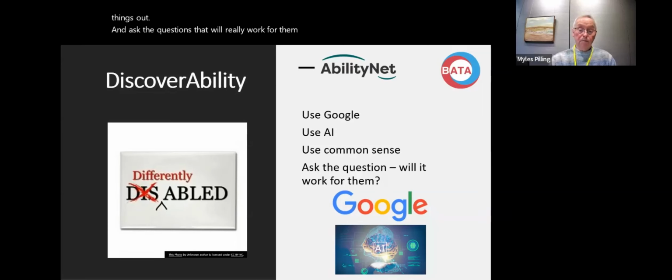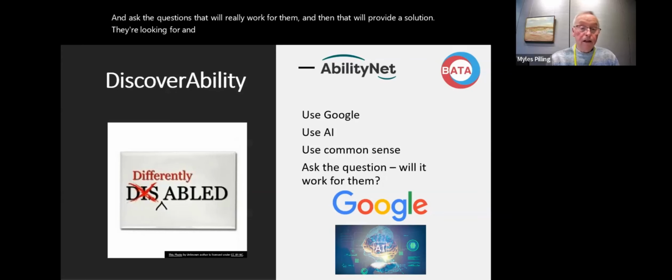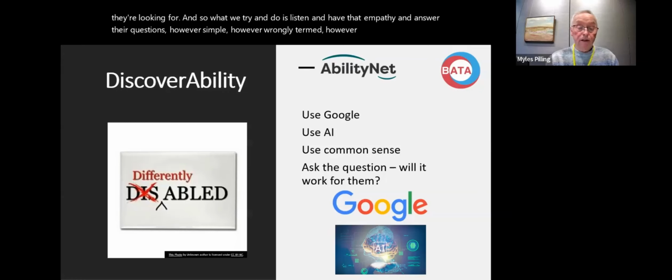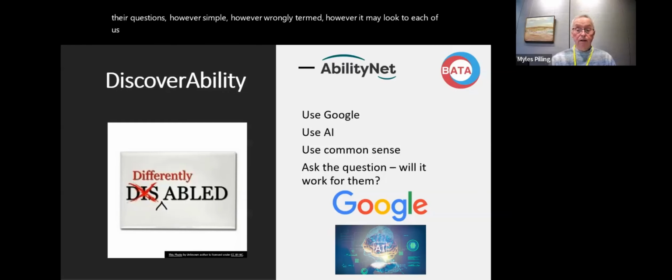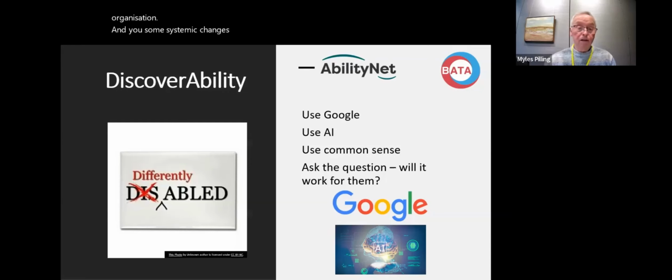And then that will provide a solution they're looking for. And so what we try and do is listen and have that empathy and answer their questions, however simple, however wrongly termed, however it may look to each of us. Now, I know that I'm talking of individuals, and you may be a large organization, but I hopefully have shown you some systemic changes you can put into operation.